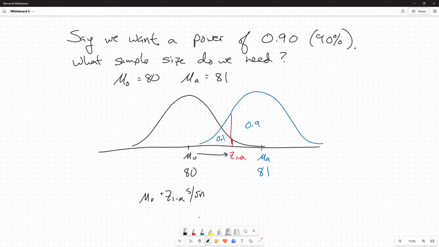And we want to set that to equal 81, and then we're going to do minus. So minus, because we're going this way, right? So minus z beta right there, to get us so that this is 0.1, times s over square root of n.